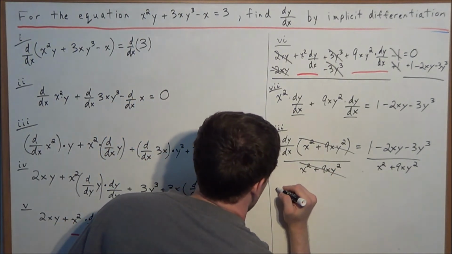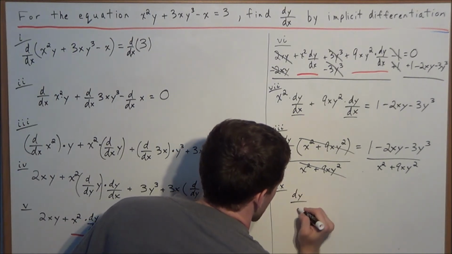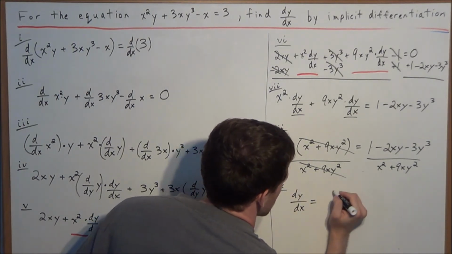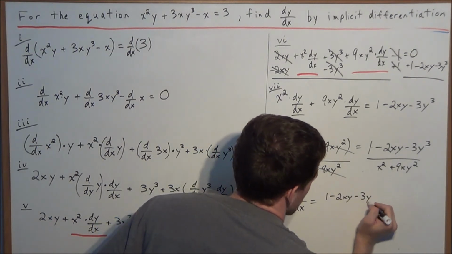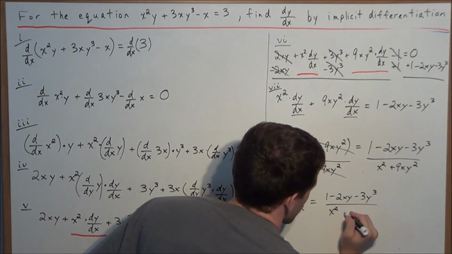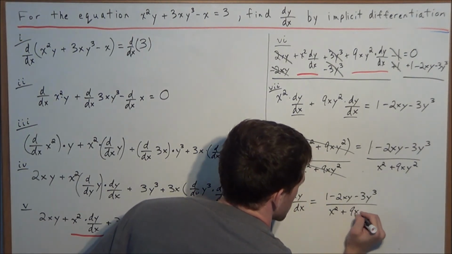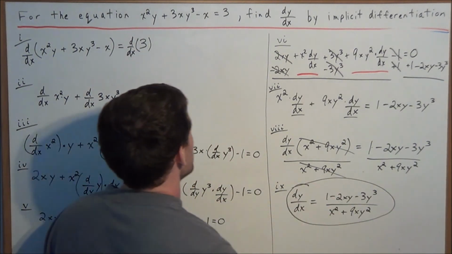So we have the final line of this problem. We have dy/dx is equal to 1 minus 2xy minus 3y cubed, divided by x squared plus 9xy squared. So this is our final answer to this problem.